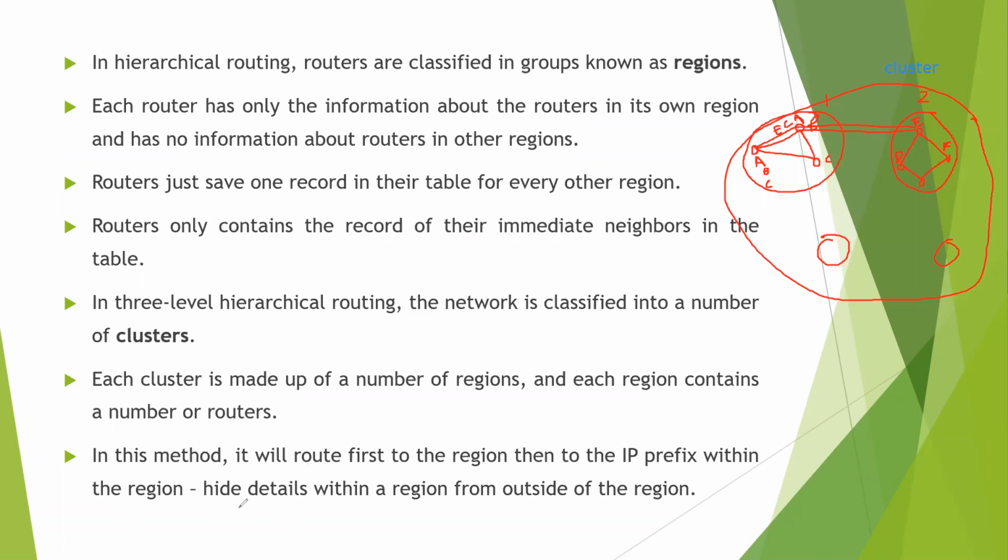The information is hidden from the routers outside the region. If A is sending to D, then D is outside A's region, so it is hidden and not known to A. So these are the details considered in hierarchical routing. Now let us take an example and try to understand.